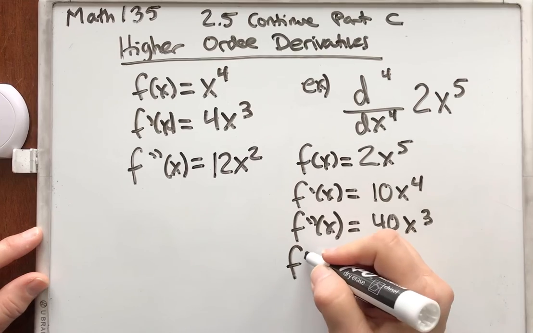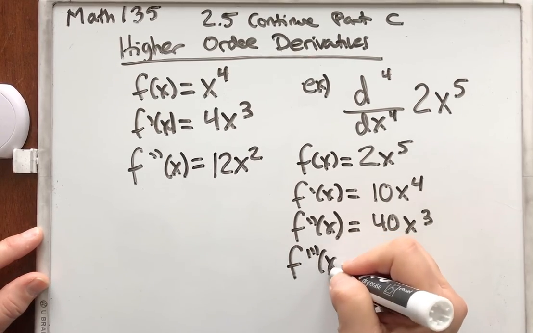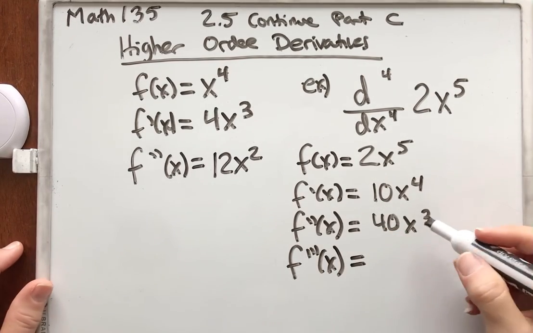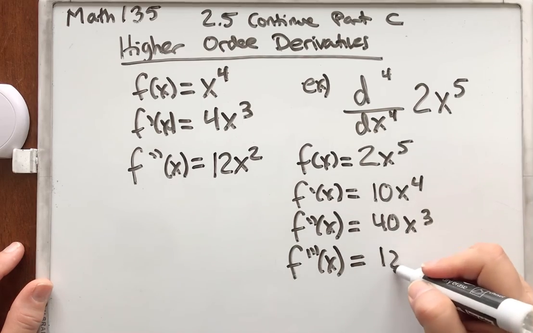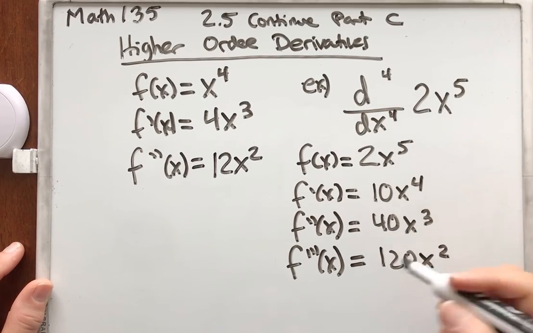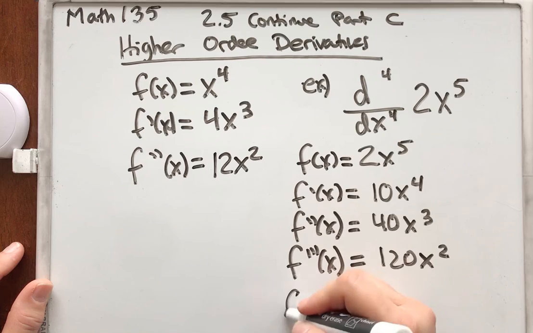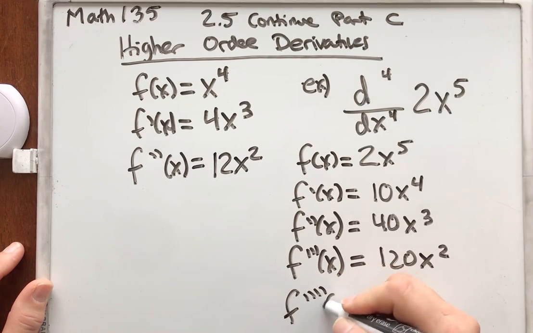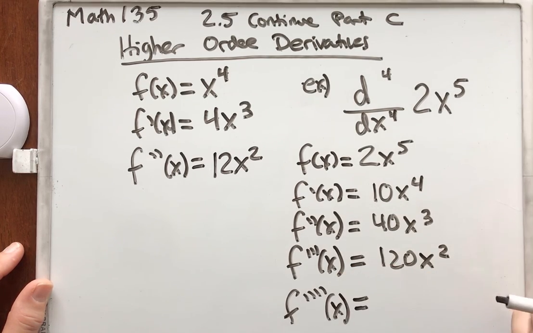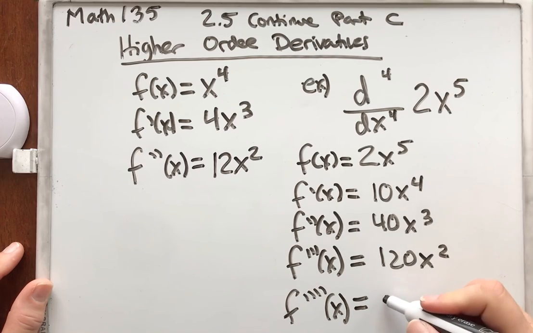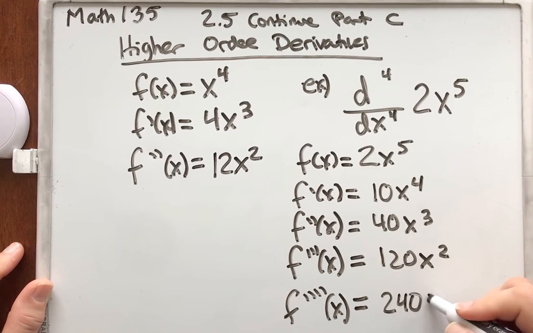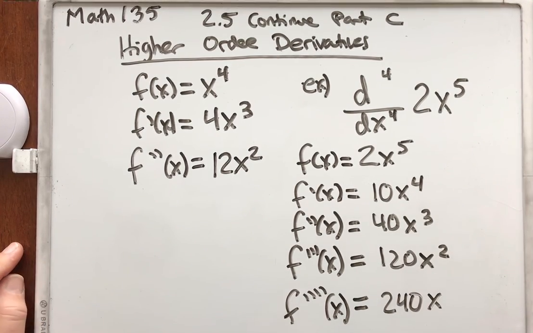Then we're going to do f triple prime x. That's the third derivative. 3 times 40 is 120x squared. And because of this 4, we're going to go on to f fourth prime x, the fourth derivative. 2 times 120 is 240x. See? Isn't that kind of fun?